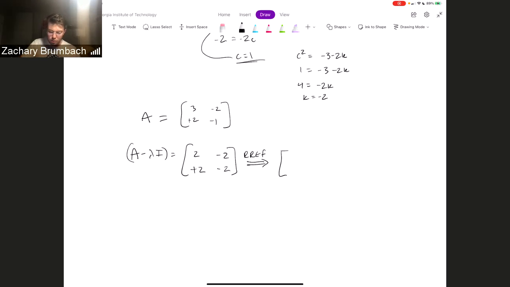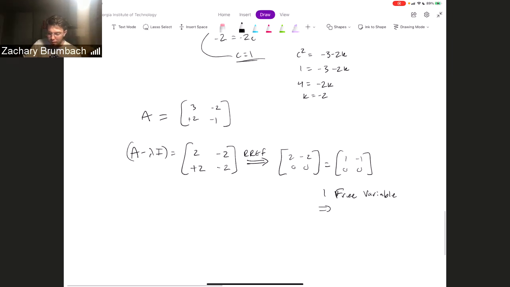We get it down to 2, -2, 0, 0, or rather, just 1, -1, 0, 0. From here, how many free variables do we have? We have one free variable, which means we have one eigenvector. But we have 2 eigenvalues that correspond to this, so it's not diagonalizable. This is just a check of that work.